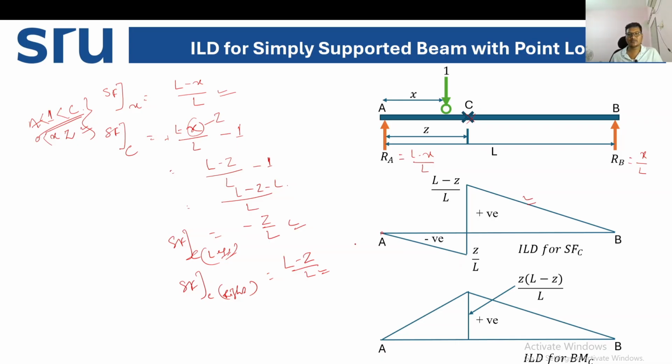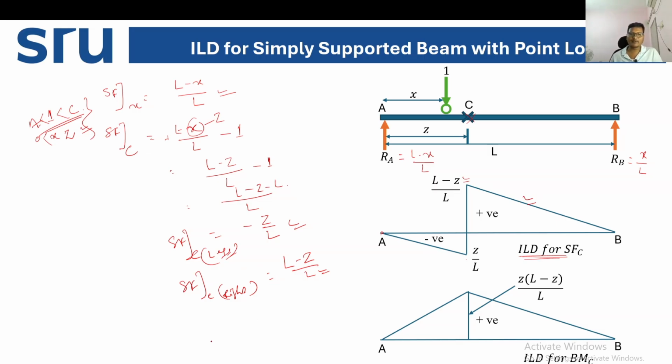At A the shear force is 0. Here it is minus Z by L. Immediately to the right it will be L minus Z by L, and at B it is 0. So you can draw the points and connect them, and this is your final influence line diagram for shear force at C.